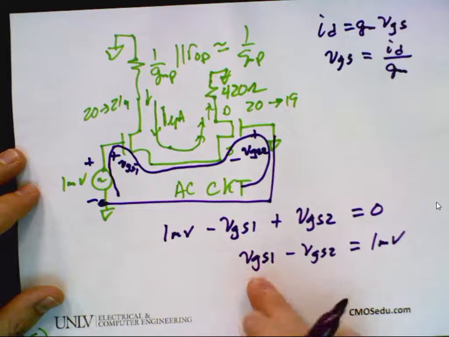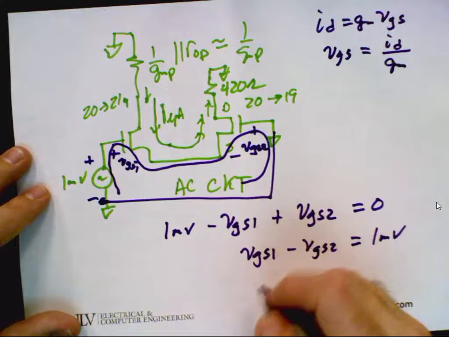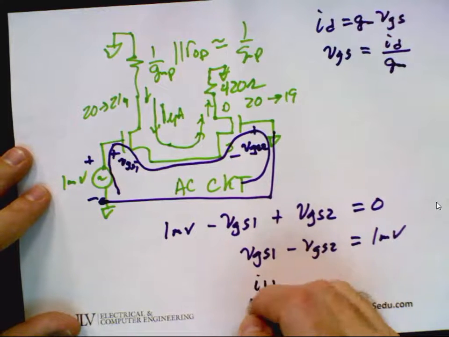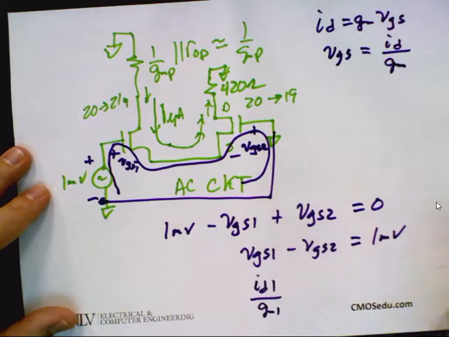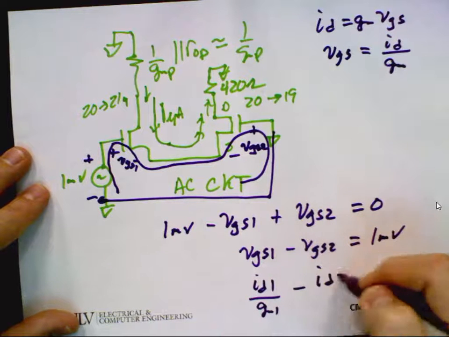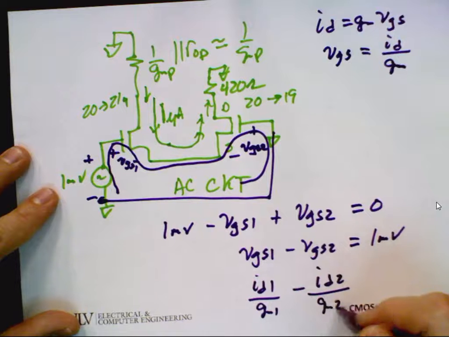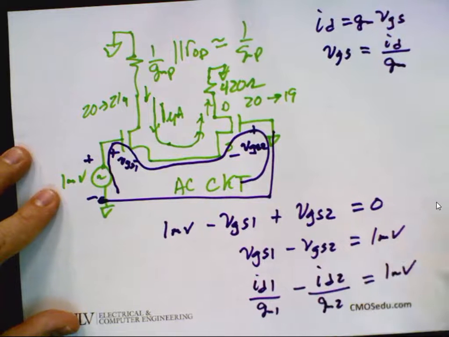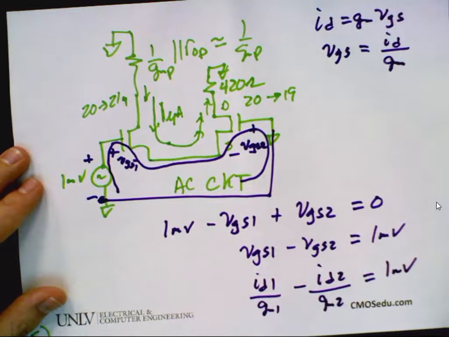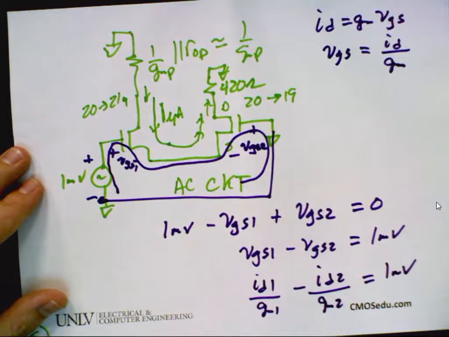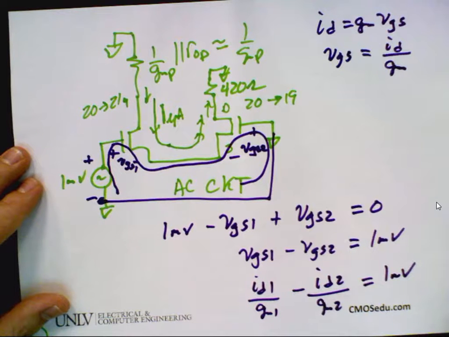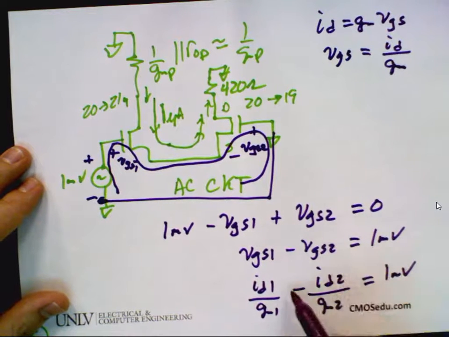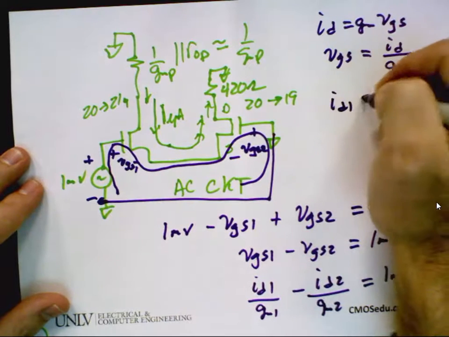Would everybody be okay with me writing this as ID1 all over GM1 minus ID2 all over GM2 is equal to 1 millivolt? Okay, would everybody be okay with me saying ID1 equals ID2?